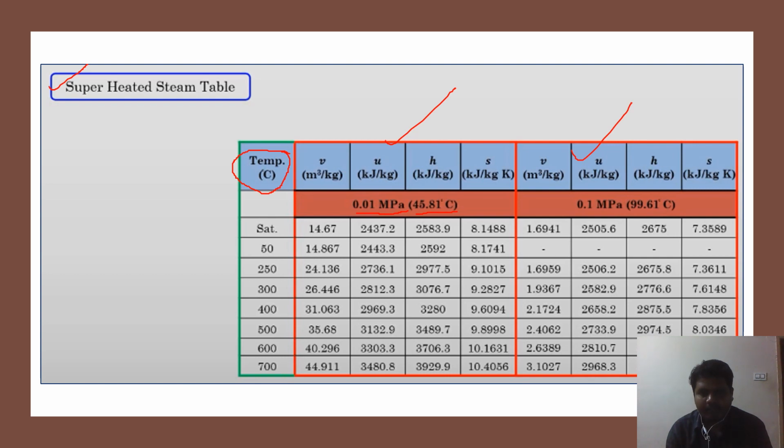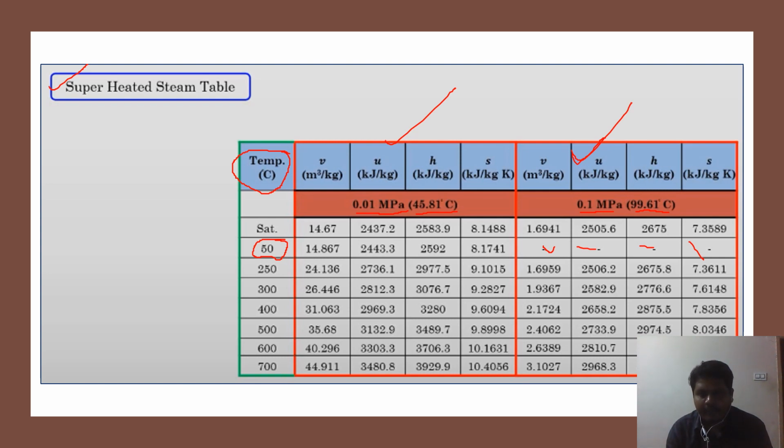The same way, if you look at the second table, this table is only for 0.1 megapascal, and here the saturation temperature is 99.61 degrees centigrade. In the second column, at 50 degrees centigrade, there are no values, so this row is blank.